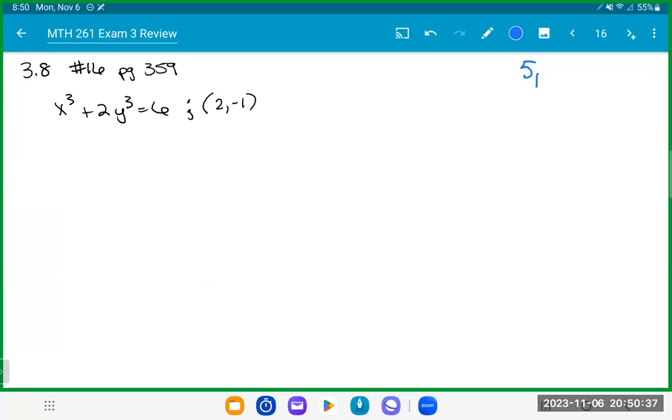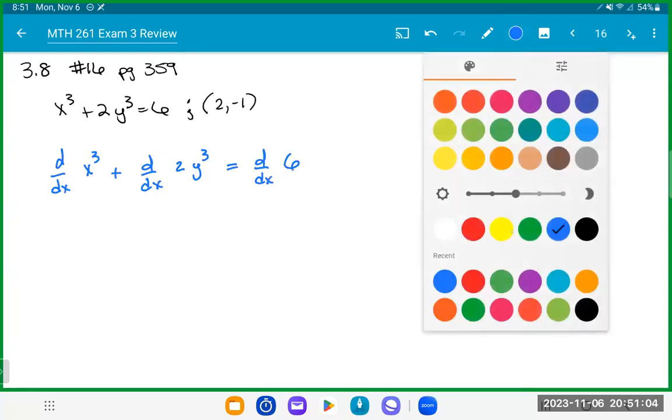Last one, worth 5 points as well. This one we're differentiating as we did in the previous one, and then we're determining the slope for the point that is given. So d/dx of x cubed plus d/dx of 2y cubed equals d/dx of 6.